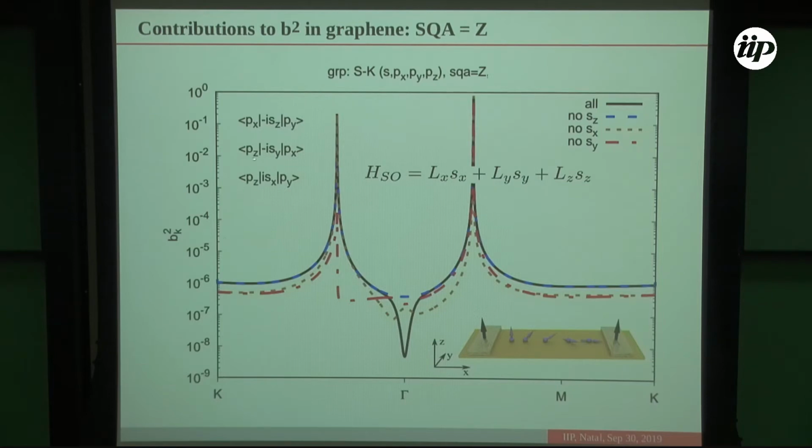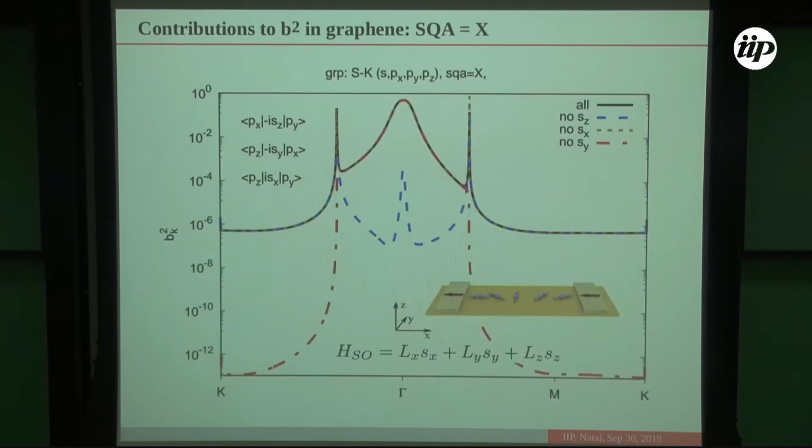But if we switch off SY or SX, the b squared changes dramatically, and what we see is that the contribution from this spin matrix element and this spin matrix element close to the K point is equal. And if we change the spin quantization axis, so now the spin quantization axis is in-plane along X, then X is diagonal in spin, so it should not cause any spin flip.